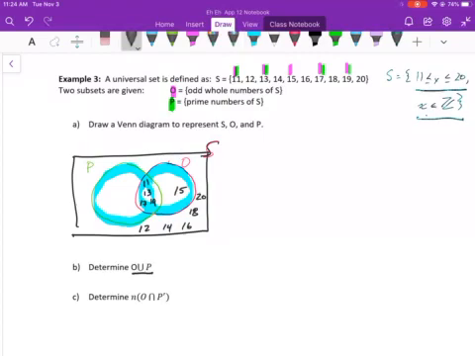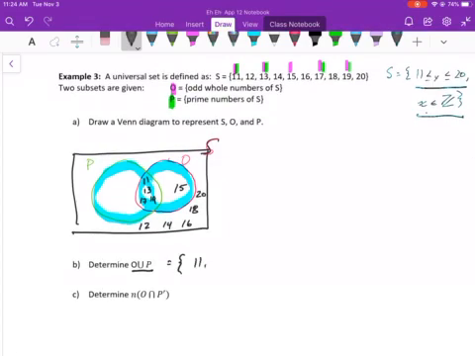So what we get is those numbers that are odd or prime end up being 11, 13, 15, 17, and 19. So there we have it.